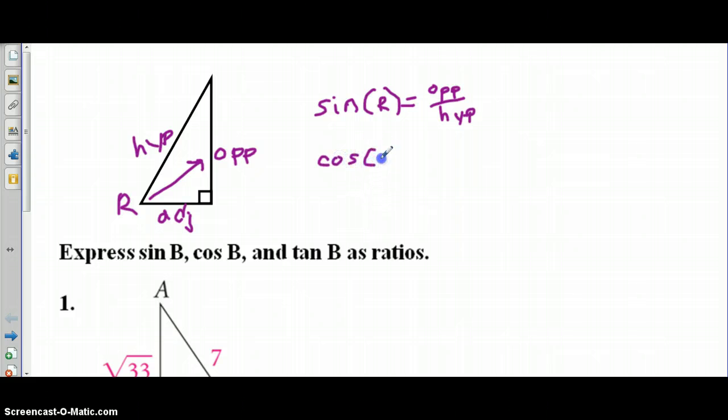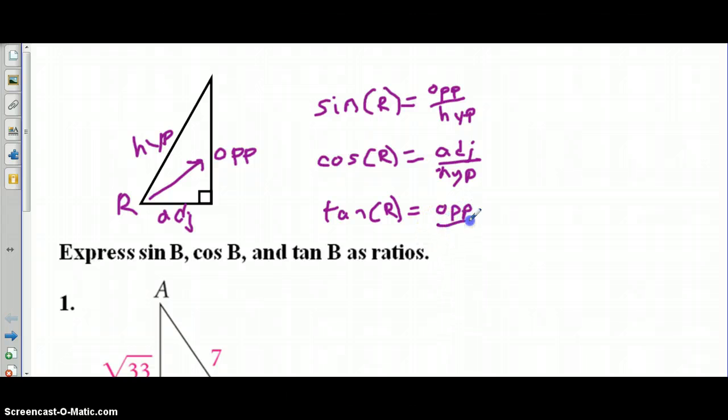The cosine of our reference angle is equal to the adjacent side divided by the hypotenuse. So it's a ratio of the adjacent side to the hypotenuse. And the third ratio is the tangent ratio, abbreviated TAN. The tangent of our reference angle is equal to the opposite side from angle R divided by the adjacent. So opposite divided by adjacent.